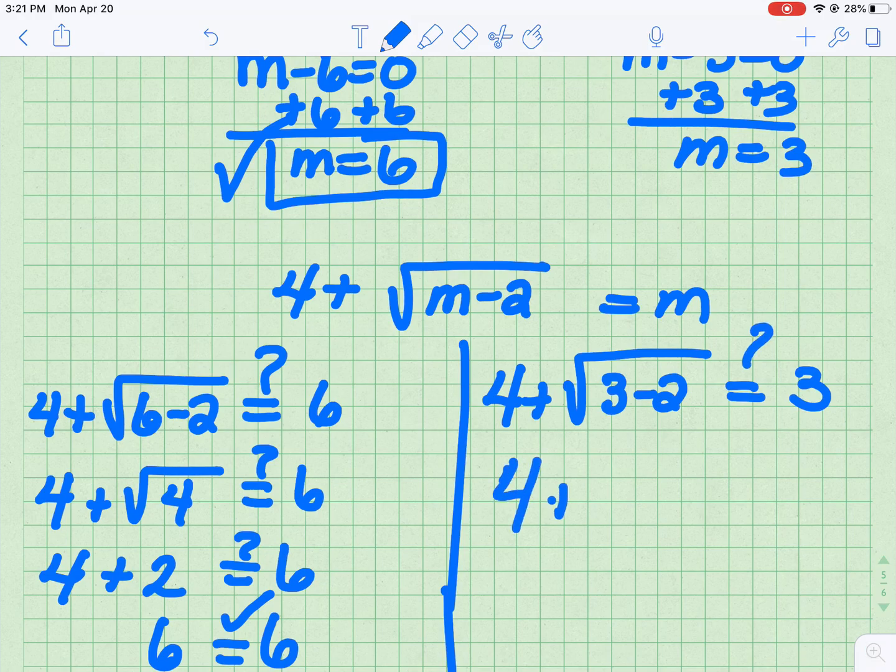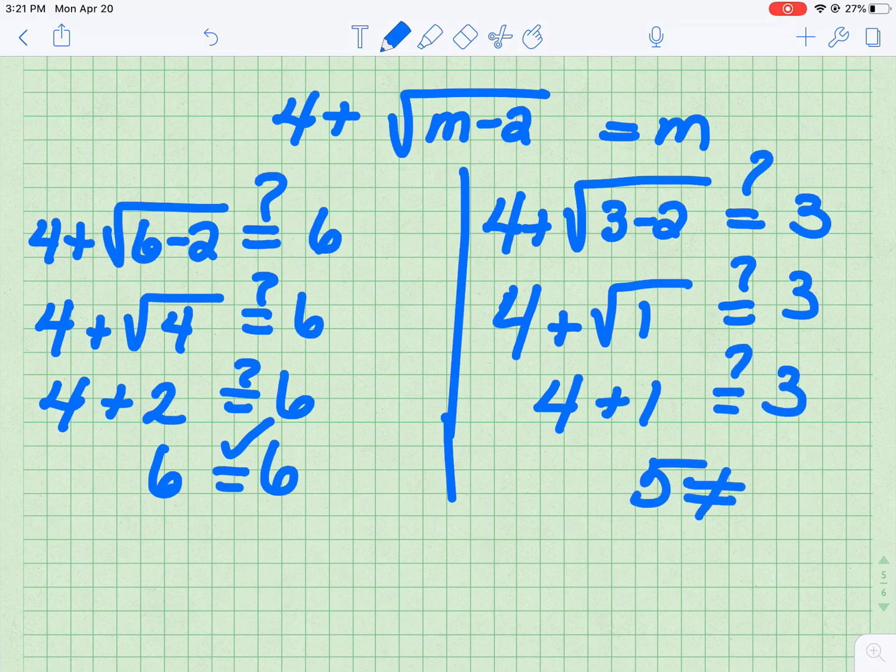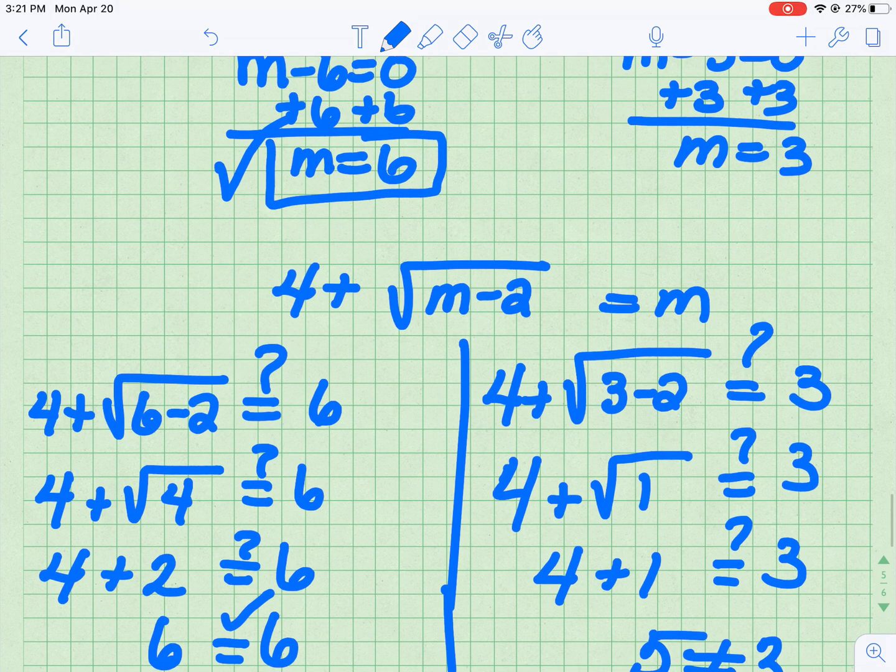So 4 plus the square root of 1, does that equal 3? If you don't know the square root of 1, get out your calculator, do square root of 1 and see what you get. You get 1. 4 plus 1, does that equal 3? It does not, because 5 does not equal 3. So therefore, m equals 3 is an extraneous solution that was a result of us squaring both sides.